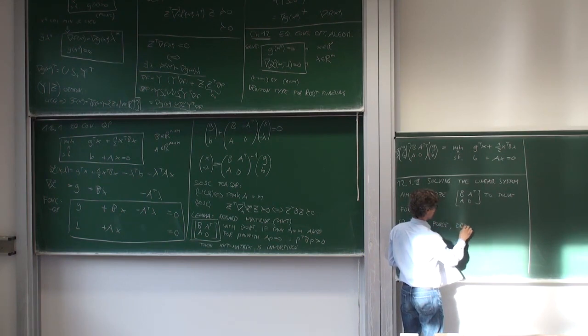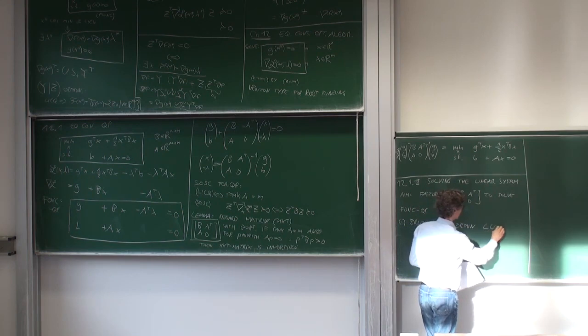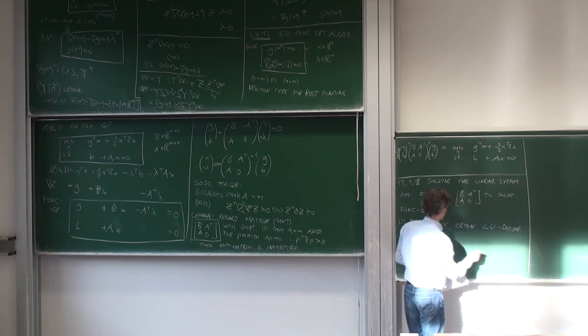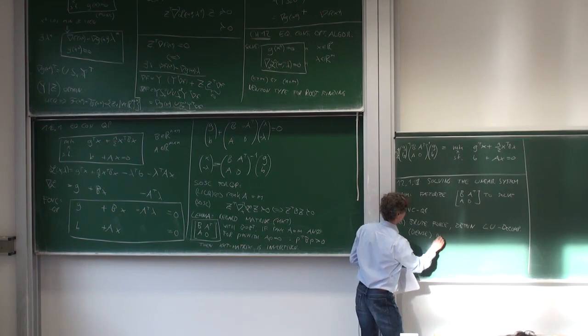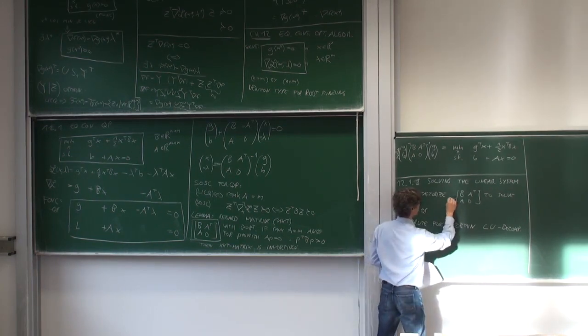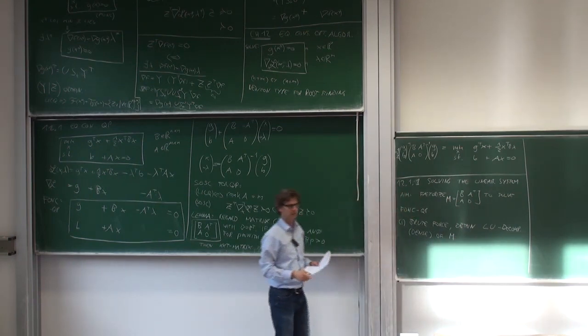You obtain it by calling an algorithm that does a Gaussian elimination, LU decomposition. And you might even have a dense one of this matrix. So that would be one way.